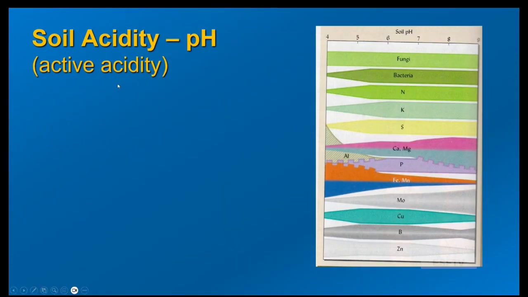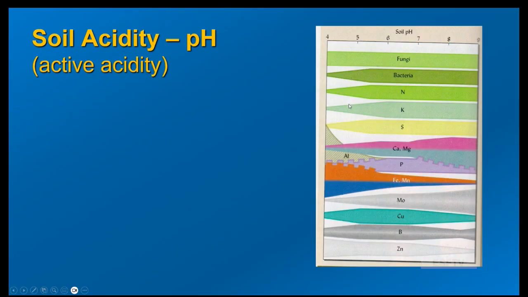That's why we care. And why does this all happen? If we look at soil acidity, pH, we're talking about active acidity. Here's pH going from 4 to 9. Fungi, pretty much, don't get too worried in the acid systems, and they're across these systems. Bacteria, on the other hand, drop off tremendously as acidity increases. As the pH drops, many nutrients are affected.